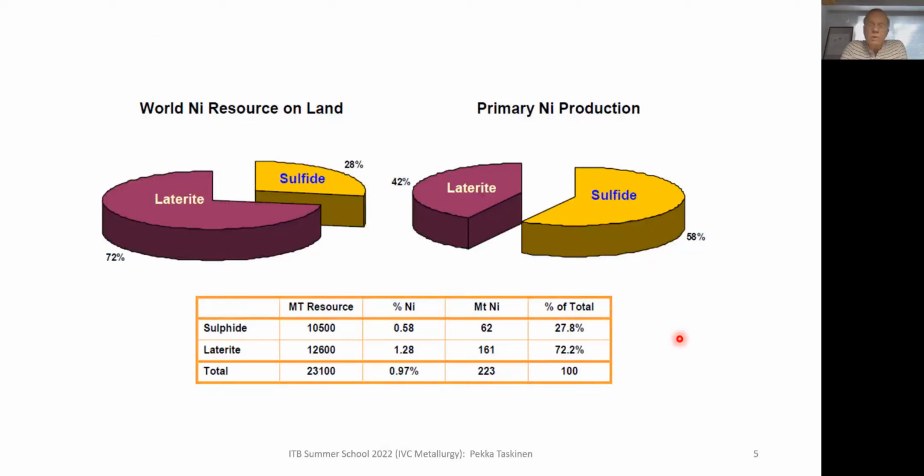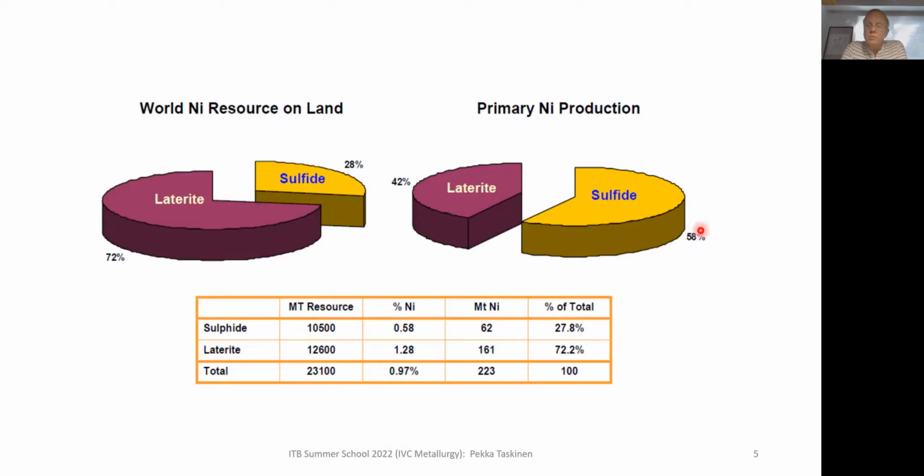But the primary production, the production from ores and concentrates, is and has been up to now primarily using sulfide ores. So this pie chart is a couple of years old.